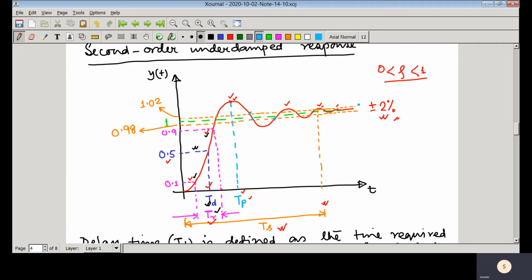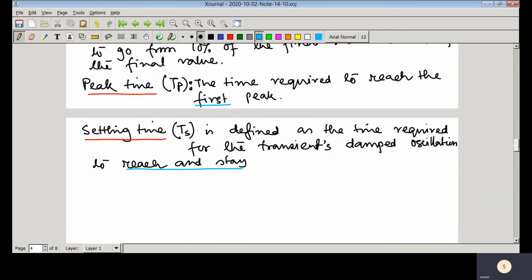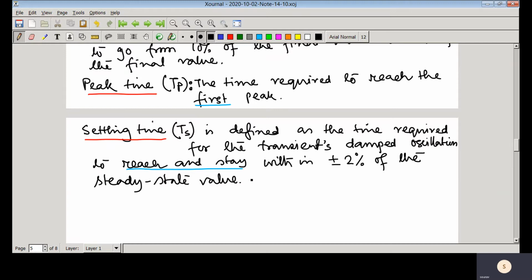But this is the point where it first reaches and stays inside that band. That is called the settling time.